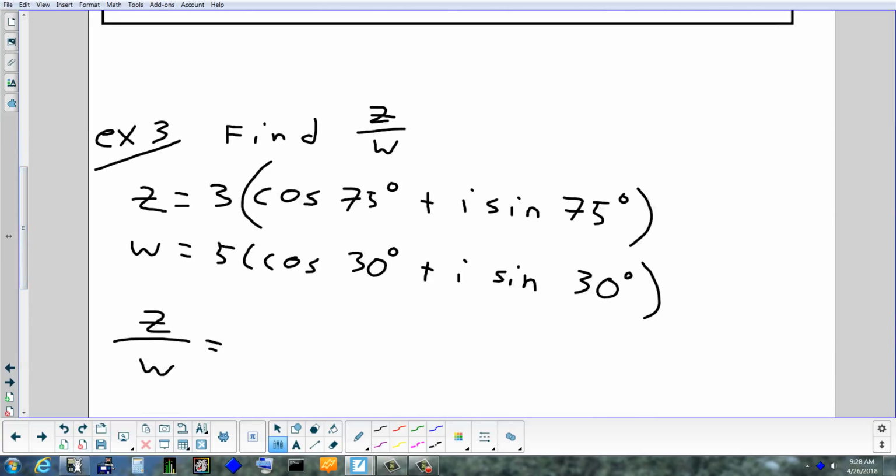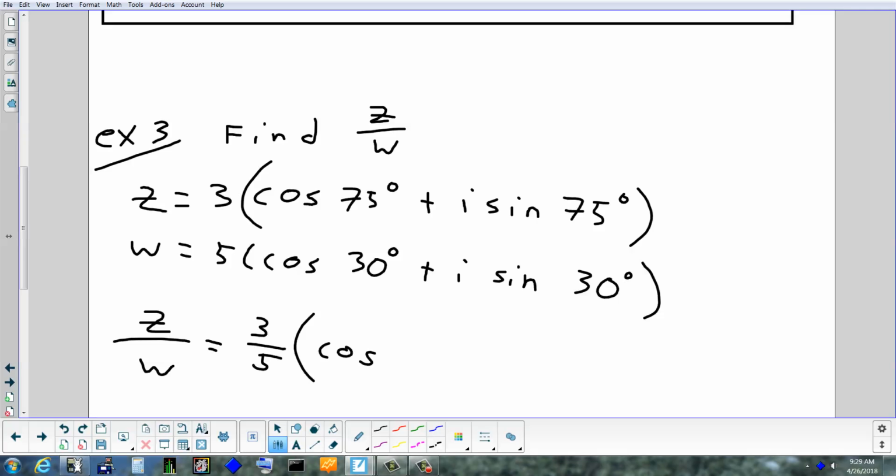Right, how about Sam? Can you tell me what my radius would be? 3 divided by 5. Yep, and we just leave it like that. 3/5. Okay. So there's your radius. Cosine. And Jamaica, what would my angle be? 45. 45, yep.